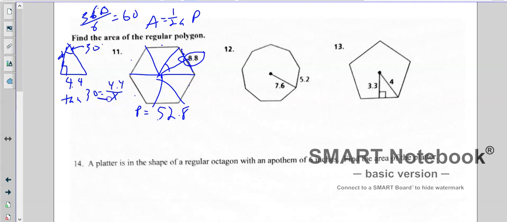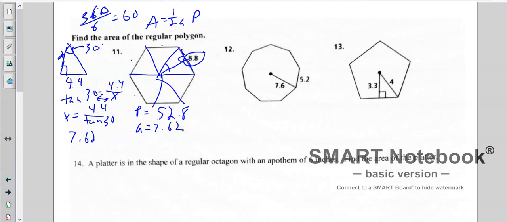Now remember, when X is on the bottom, we do that old switcheroo. So X equals 4.4 divided by tangent of 30. And when we type that into our calculator, we get 7.62. So our apothem is 7.62.